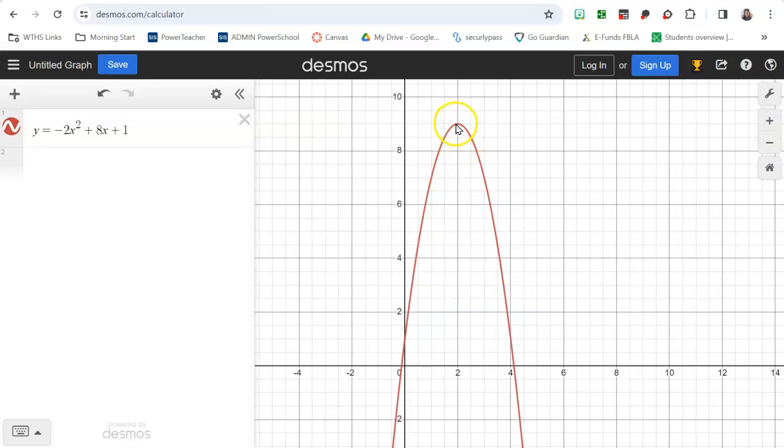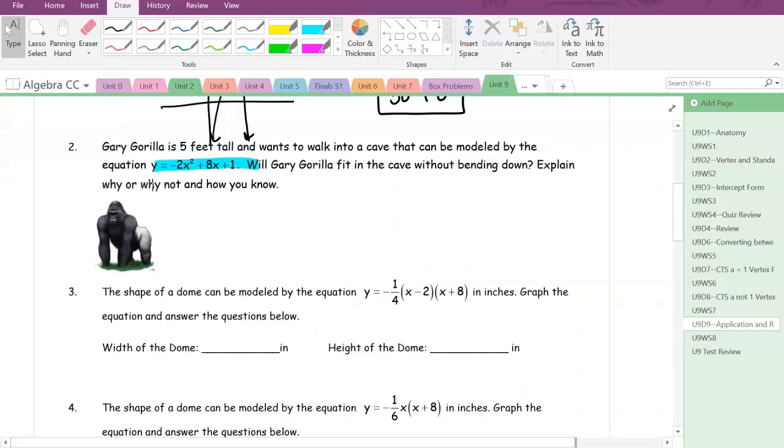All right, so if we take a look, this is the equation that models the cave. So how high up is the cave? Okay, so again, the height would be a y coordinate. So 9 feet is the height of the cave. And Gary Gorilla is only 5 feet.